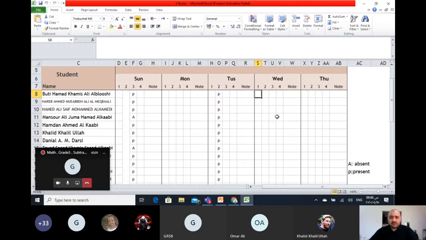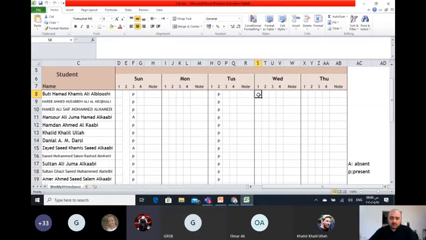Take the first denominator, multiply by the second numerator, then take the second denominator, multiply by the first numerator, then you can add or subtract. Okay?